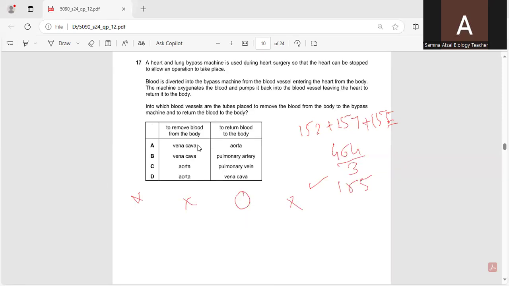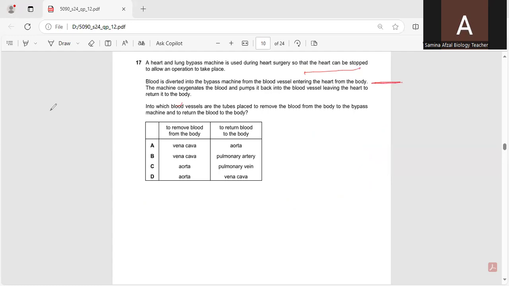Question number 17 is there. A heart and lung bypass machine is used during heart surgery so that the heart can be stopped to allow an operation to take place. Blood is diverted into the bypass machine from the blood vessel entering the heart from the body.